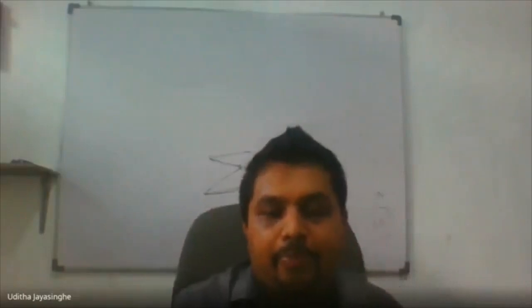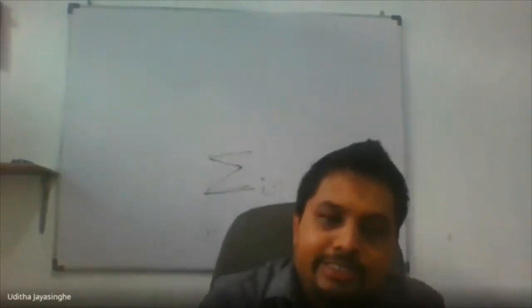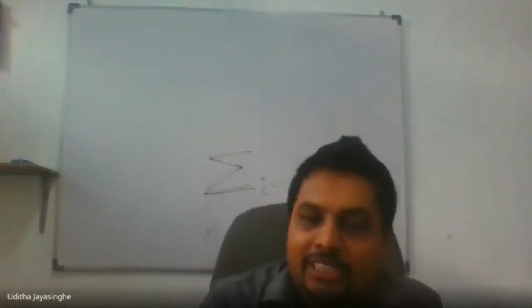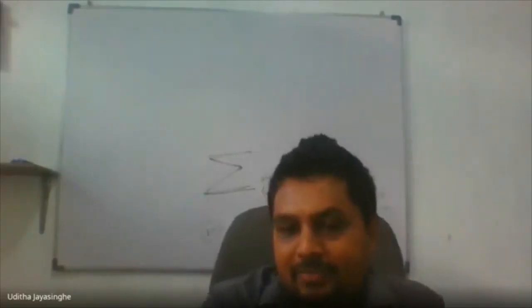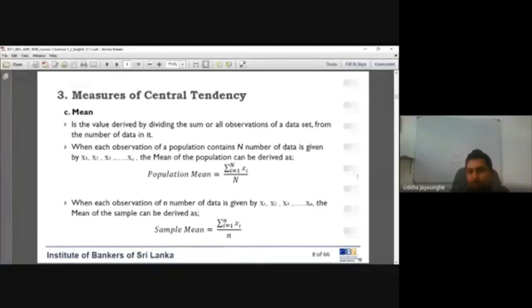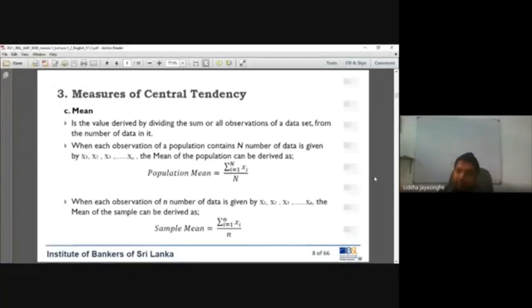So the definition of our simple average calculation is going to be like this. You add the values, use the calculator, add every number and divide by the number of items. It is going to give you the mean or the average. This is how we define it in mathematical and statistical language.